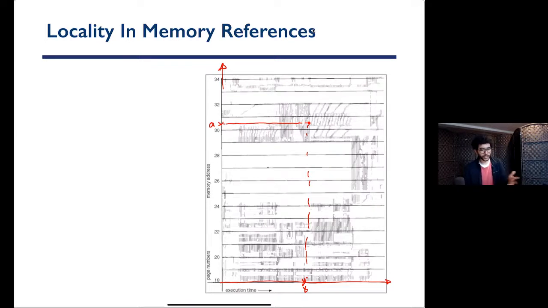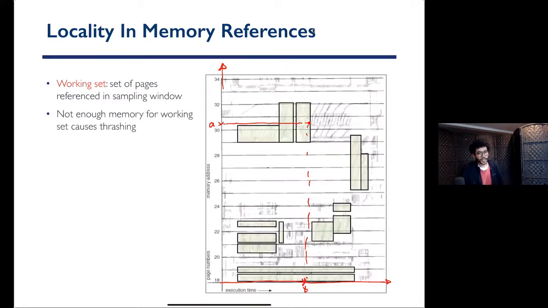Now, what does this show us? We can look at this graph and talk about working sets. So look at these boxes that I have put around the points in this graph. What does this mean? Look at this box.